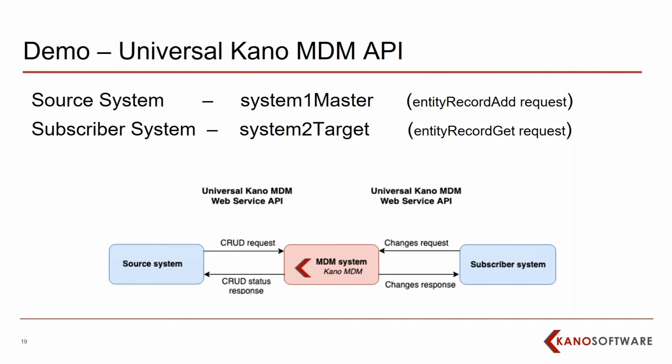In our case, it will be System 1 master, and then System 2 as a subscriber for the data in CanMDM will get the changes of this data. So as I said, we will use the universal CanMDM web service on the side of CanMDM, and the source system will send CRUD requests to our MDM system, and the subscriber system will get changes.